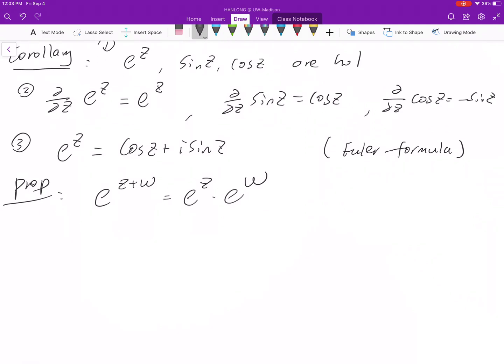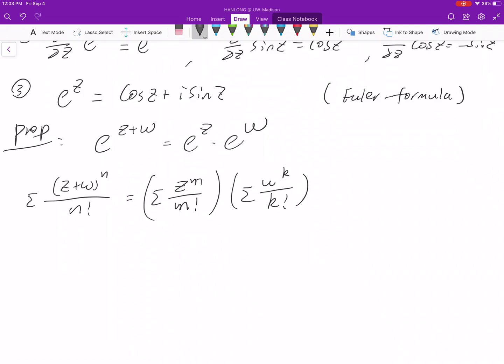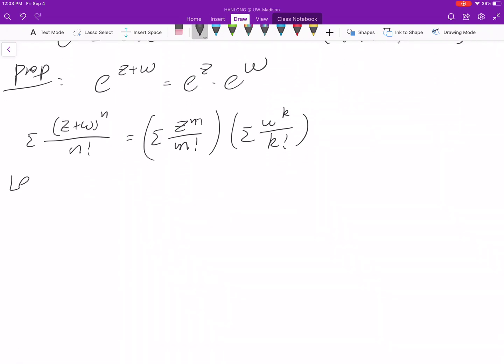Then what you need to prove is actually that the sum of (z plus omega) to the nth power divided by n factorial equals this power series times this power series. Okay, this can be done, but probably you need the following lemma.